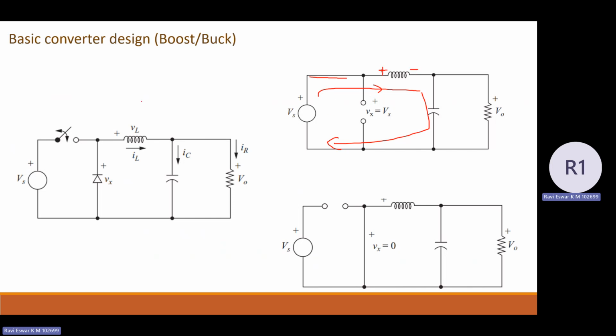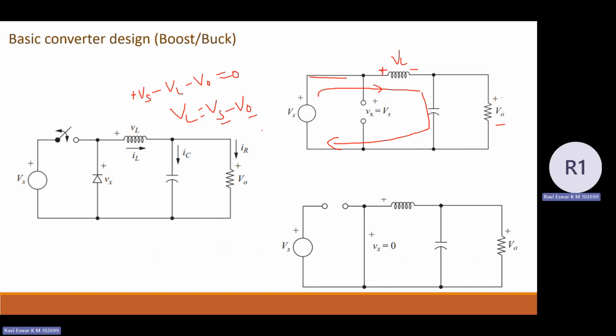Now if I apply KVL, I can write plus Vs, let me take the inductor voltage as VL, so plus Vs minus VL minus V0 equal to 0. Here plus, here minus at the load side. As the capacitor is connected parallel with the load, the output voltage is equal to the capacitor voltage. So from this, I can write VL, the voltage across the inductor, as Vs minus V0, where Vs is the supply voltage and V0 is the output voltage.